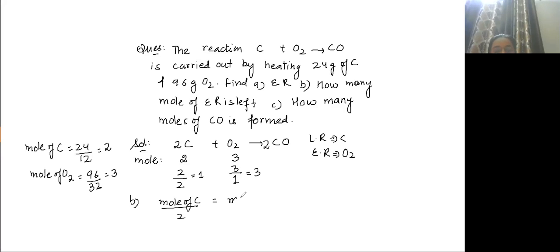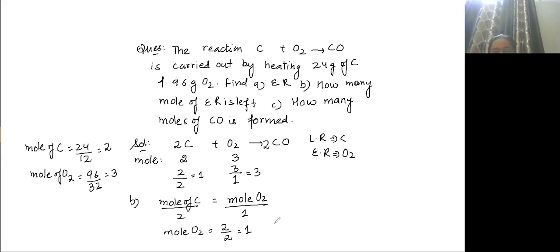Then you will find out moles of oxygen from carbon. Divide by 1. So what is moles of oxygen? Moles of oxygen will be 2 by 2, that is 1. So with 2 moles of carbon, only 1 mole of oxygen should react.